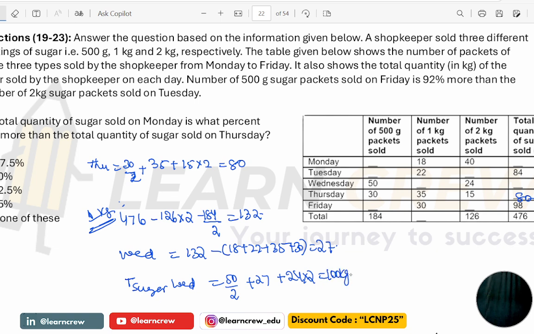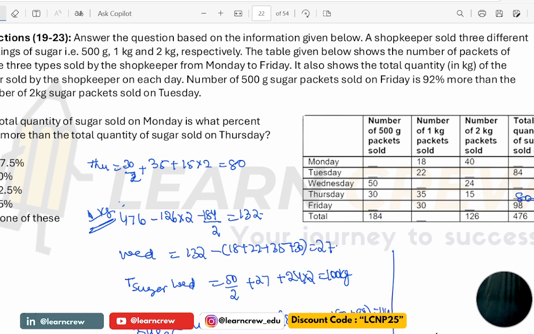And total quantity of sugar sold on Monday is not available here, so you can find it out. Total quantity of sugar sold on Monday would be how much? It is 476 minus 84 plus 100 plus 80 plus 98, which is 114.